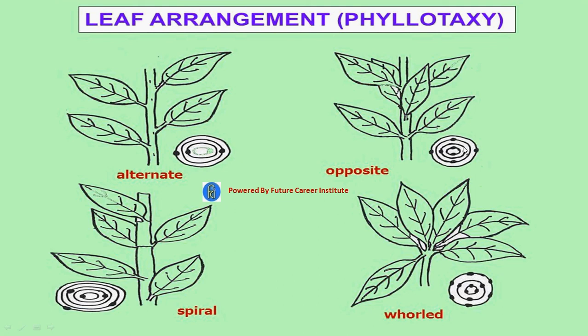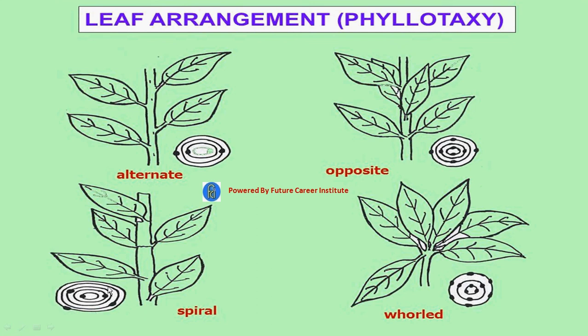Similarly, here in this picture, you can see that in one node, there are 2 leaves opposite to each other. Hence, we can say that this is an example of opposite phyllotaxy. Here in this picture, one node has only one leaf, but they are not opposite or alternate to each other.